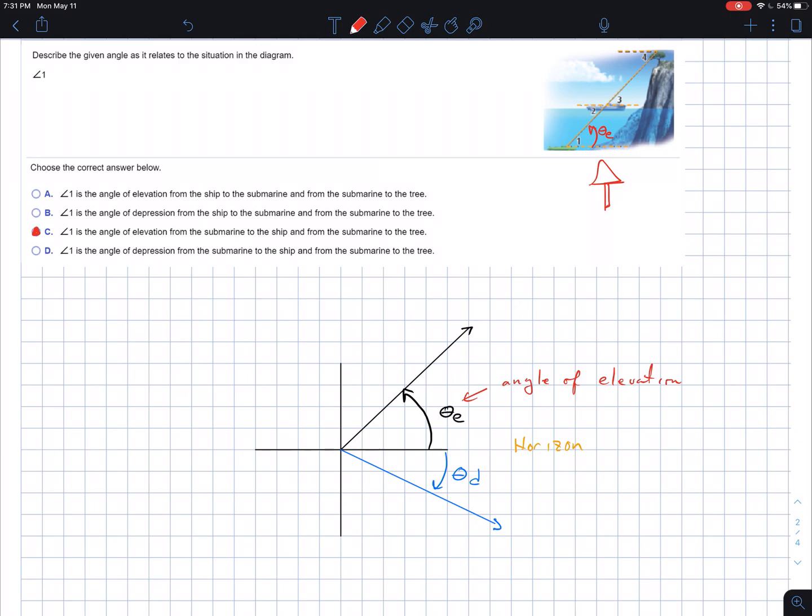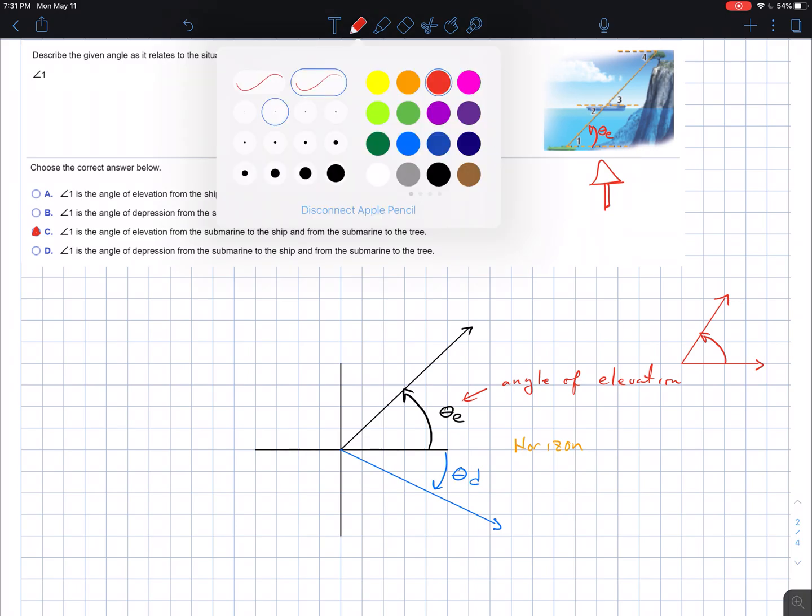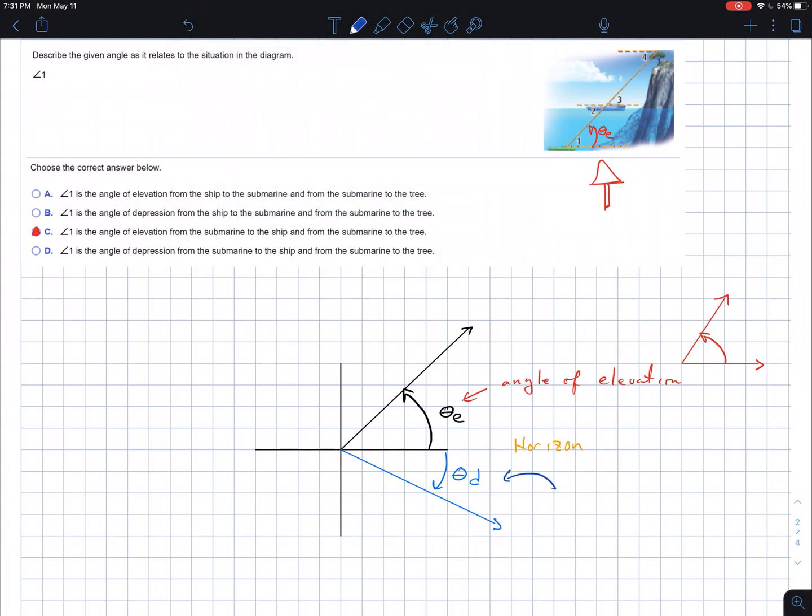Elevation means I'm rotating up so I can see something up here. If I look the other way, then we call this an angle of depression, because we're looking downward.